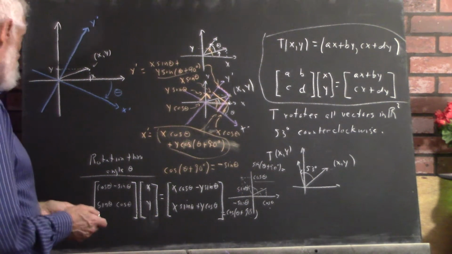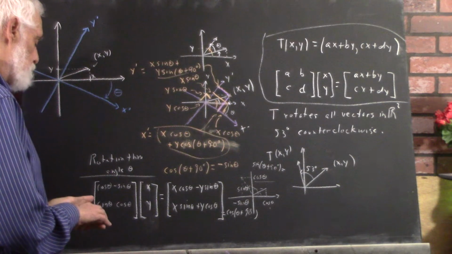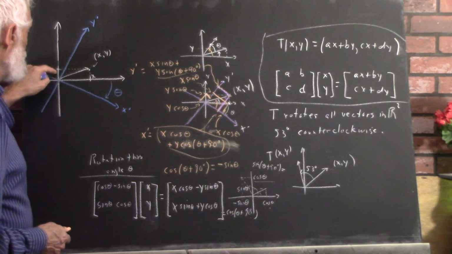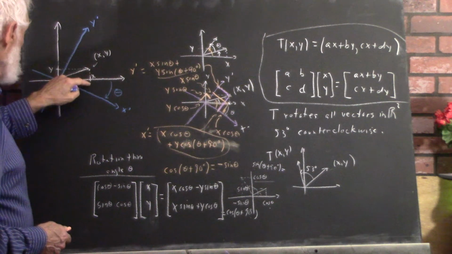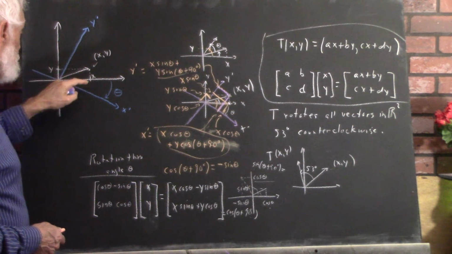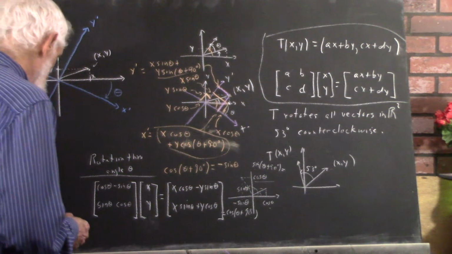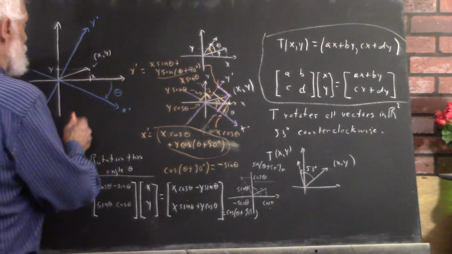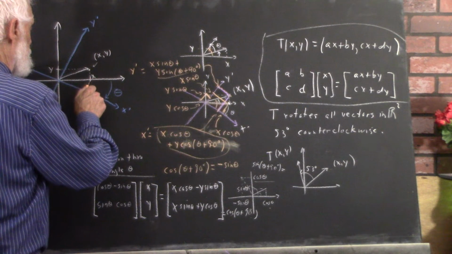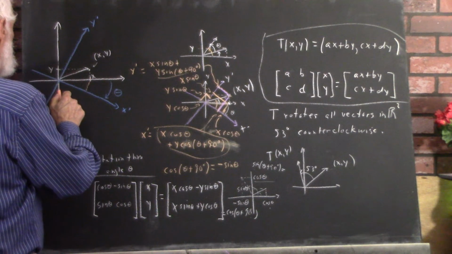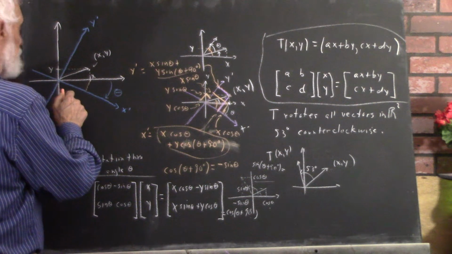Okay, think through that. Using this picture, we project this vector onto the x-axis and onto the y-axis, and we get an x-coordinate and a y-coordinate. We then project this x-coordinate down here, and we project this y-coordinate as well.